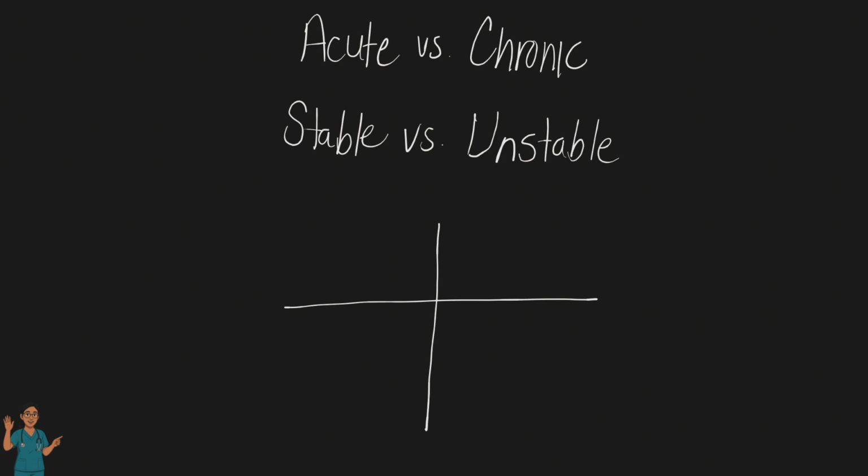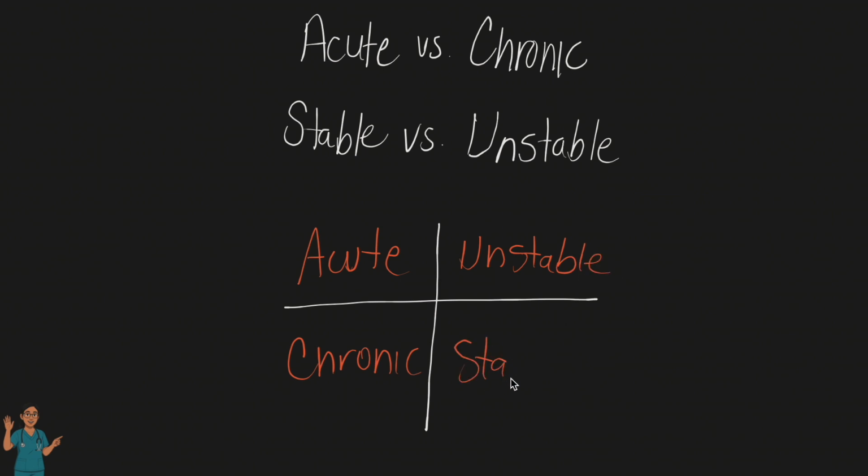Lastly, we can prioritize our patients based on whether they're acute or chronic, or stable or unstable. Always prioritize acute over chronic and unstable over stable.